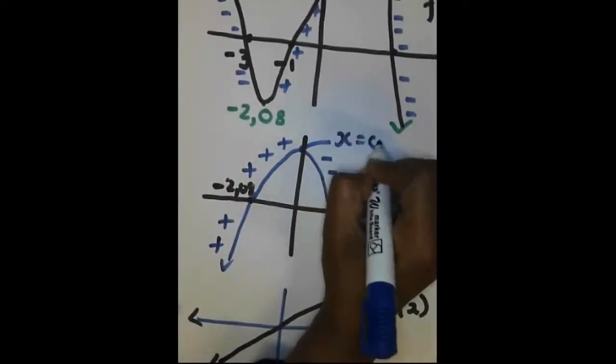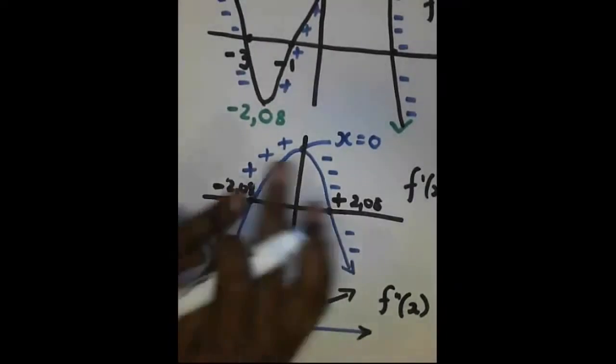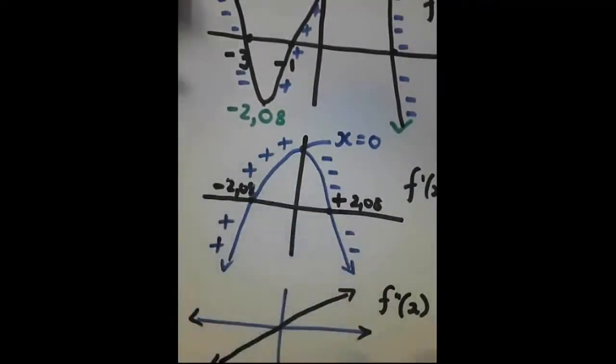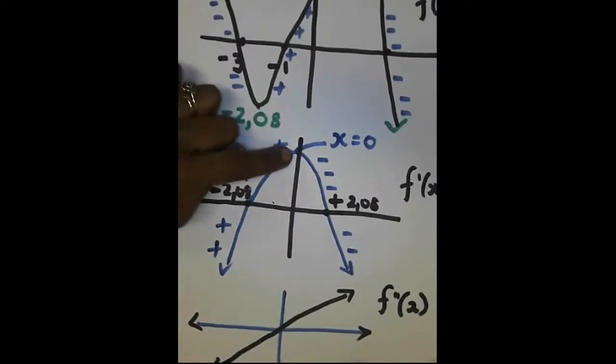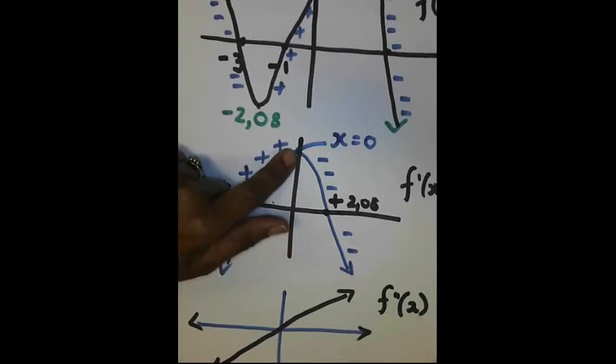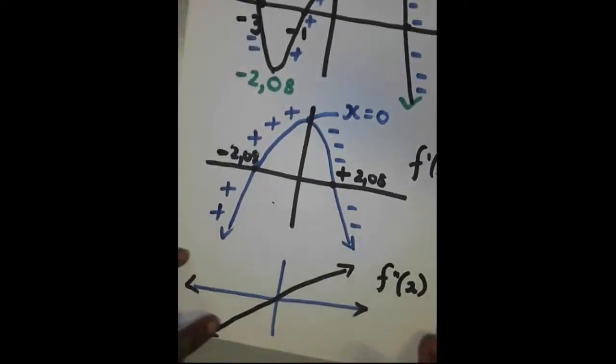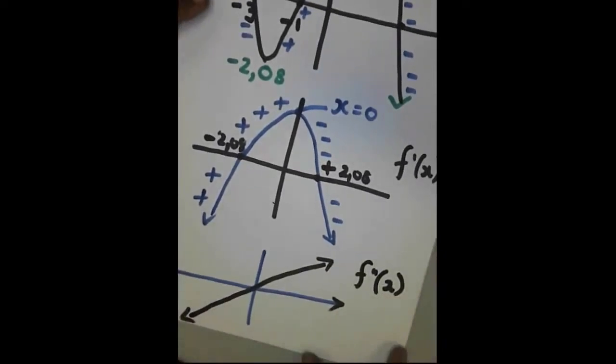X equal to 0. Now, where do I get the x equal to 0? Because that's the turning point of this particular parabola. That's the turning point. So it is an increasing function until x equal to 0, and it's decreasing from x larger than 0.